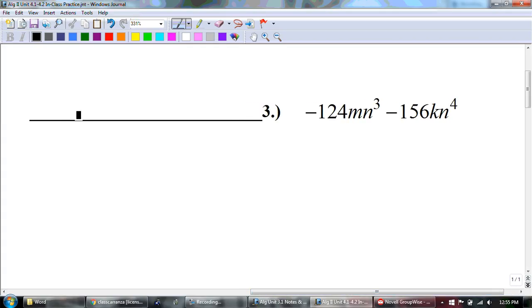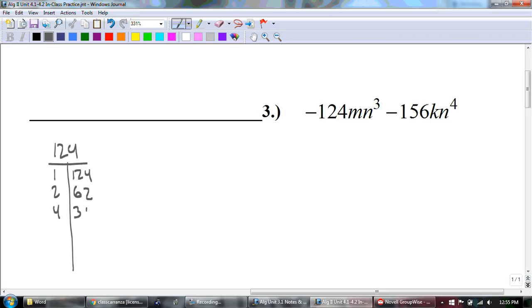All right, so we have 124, 1 and 124. Okay, you should be having your calculator out. 124 divided by 2, because it's even, 62. Does 3 go in? What about 4?